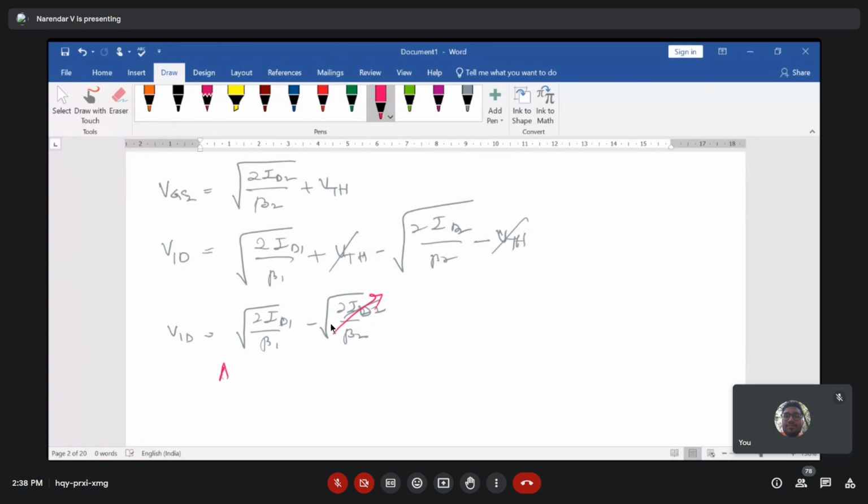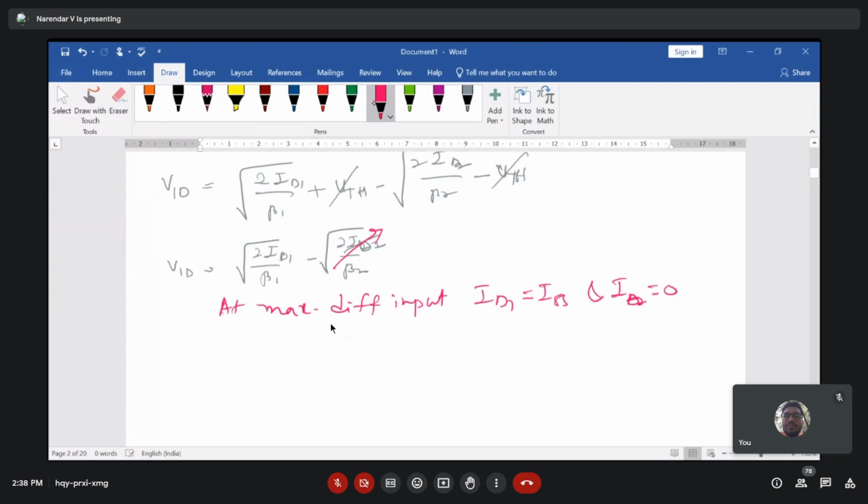At maximum differential input, ID1 is ISS and ID2 is equal to 0. Now you substitute the same in the above expression. What you get is VID equal to square root of 2 times ISS by beta 1.